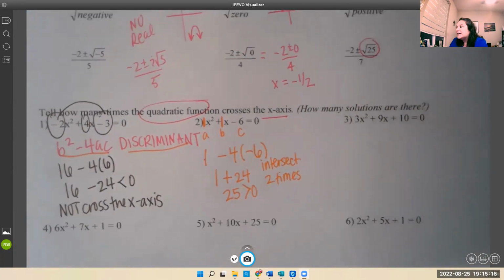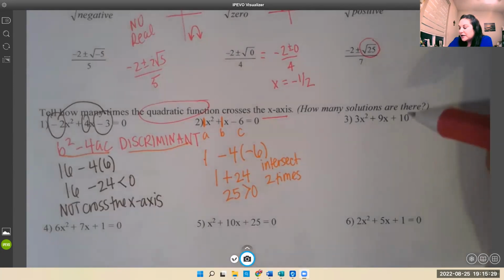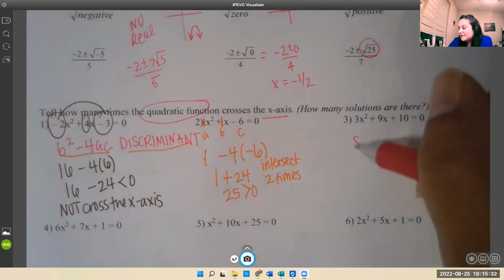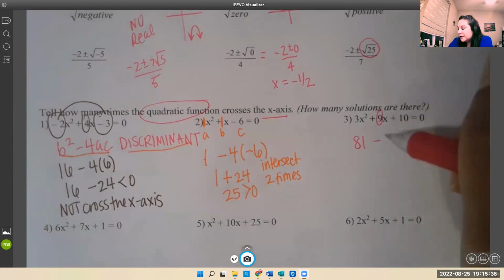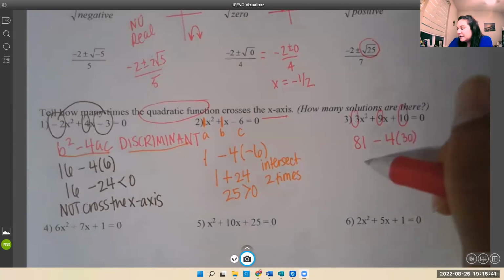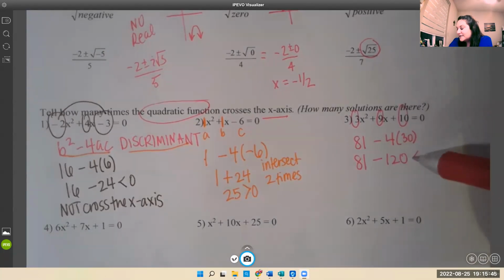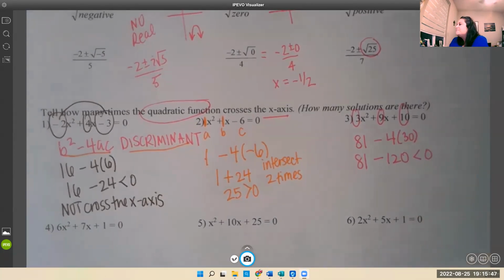And then finally, this last one. Again, I am only using the discriminant because that's what makes the difference in the formula for the quadratic equations. Okay, b squared, minus 4 times 3 and 10 multiplied together, 30, 81 subtract 120, that is definitely less than 0.